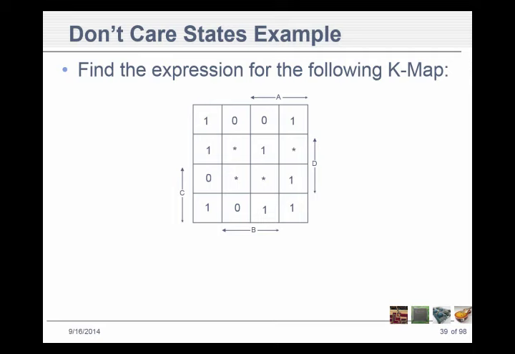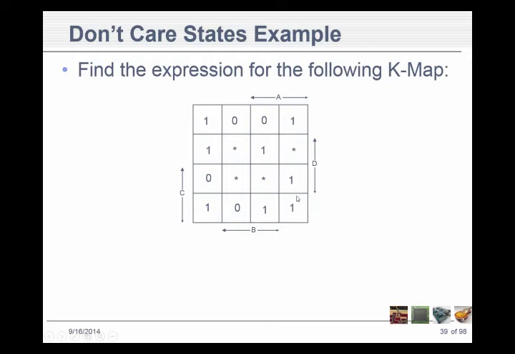It's not going to have any impact on the way our circuit operates. So when we have a don't care, you use them to make it easier for you or make the expression better for you. So if I'm saying find me the minimum, these four are always a good four to choose.